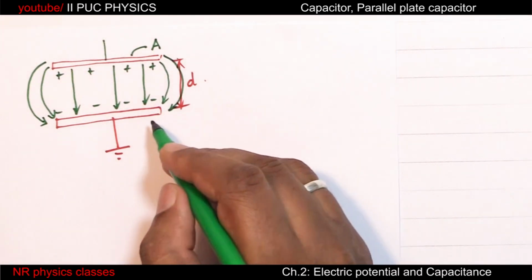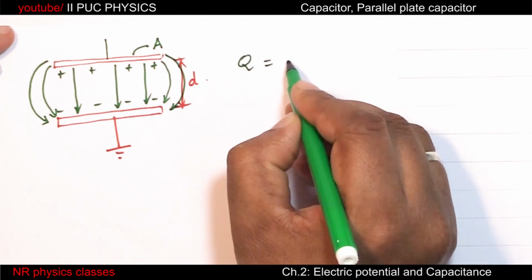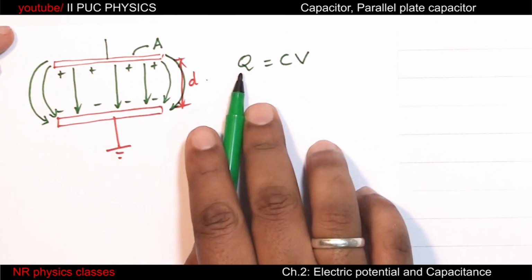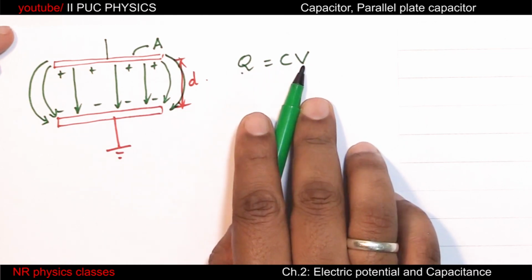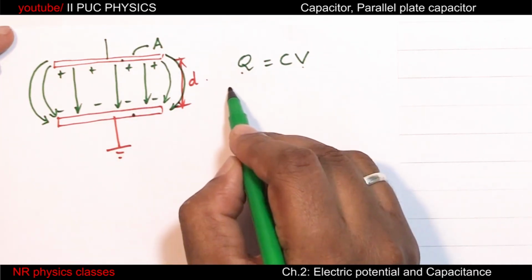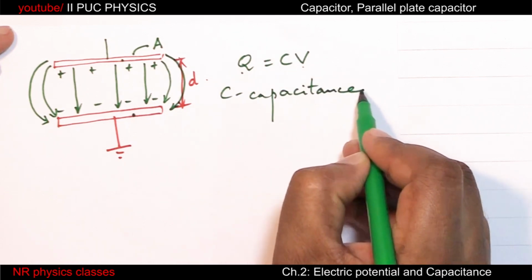In this derivation we are using Q equal to CV. Q stands for charge, V stands for potential difference between the plates, and C is the capacitance of the capacitor.